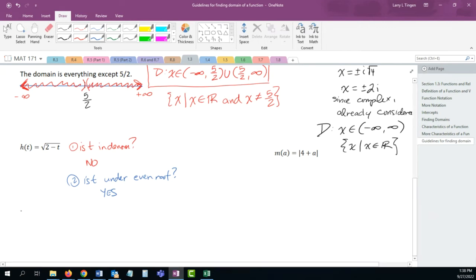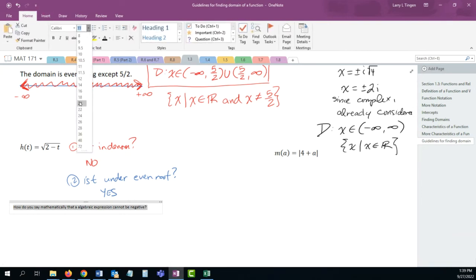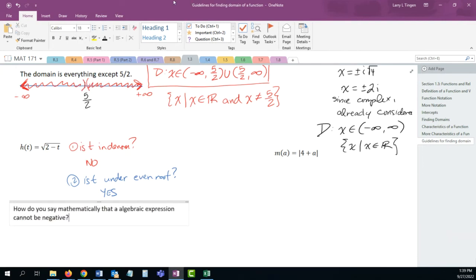So how do you say mathematically that an algebraic expression cannot be negative? Let's translate to math.